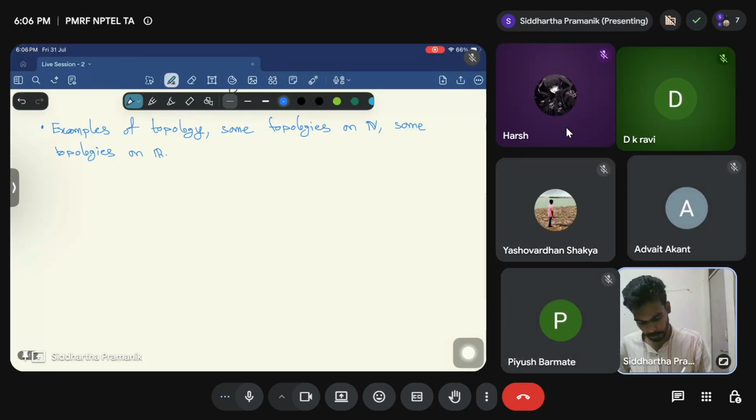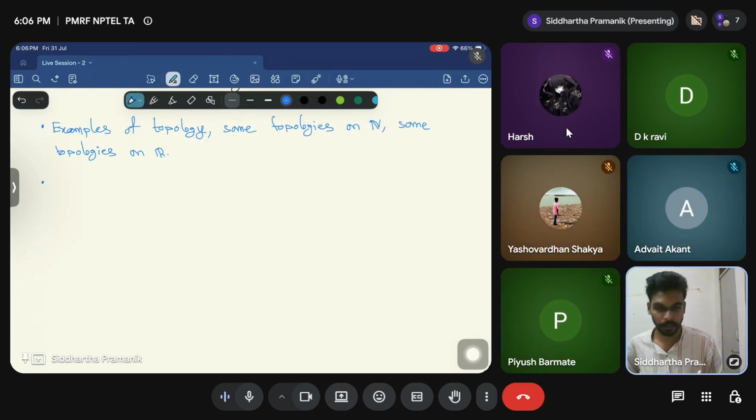Then we started comparing these topologies.